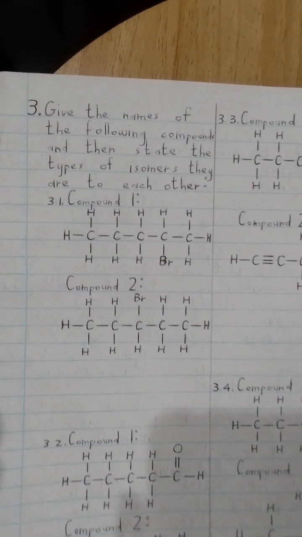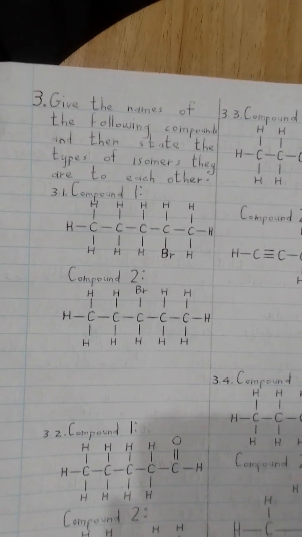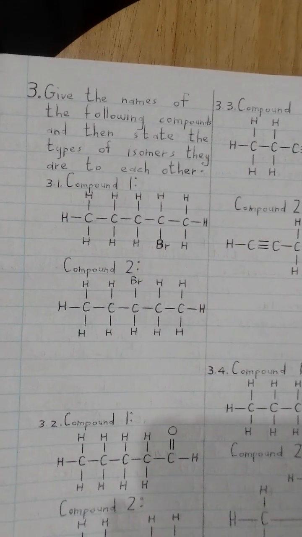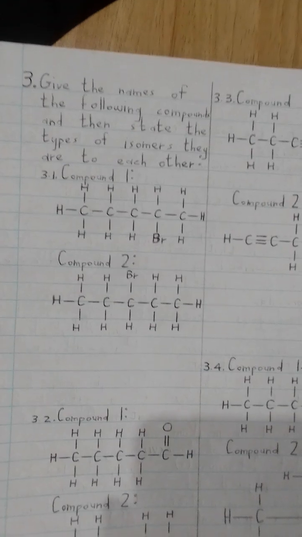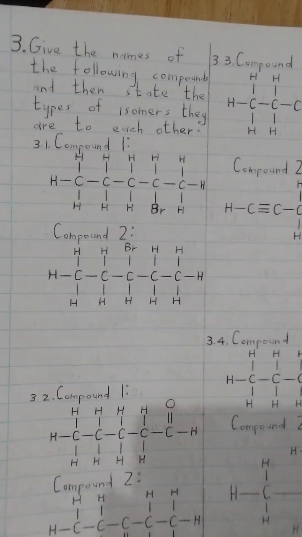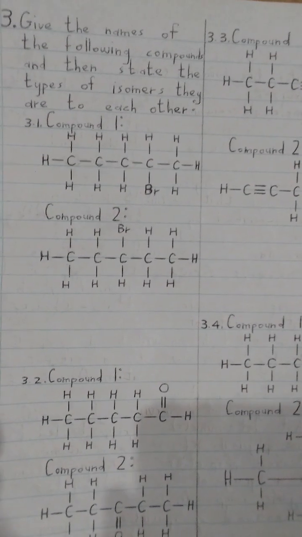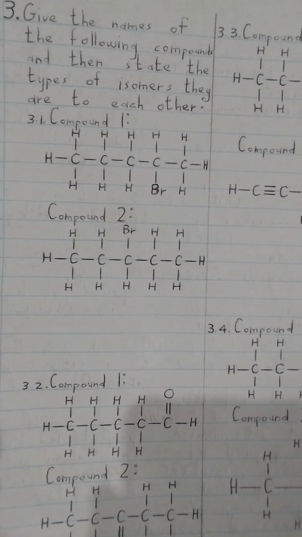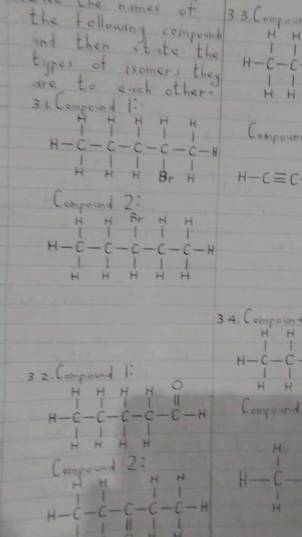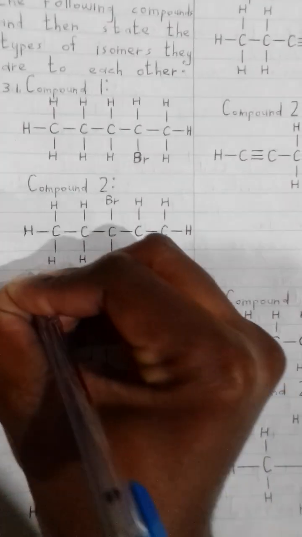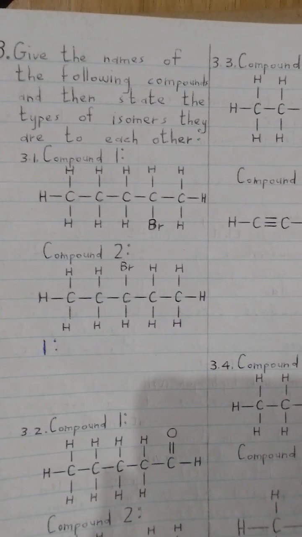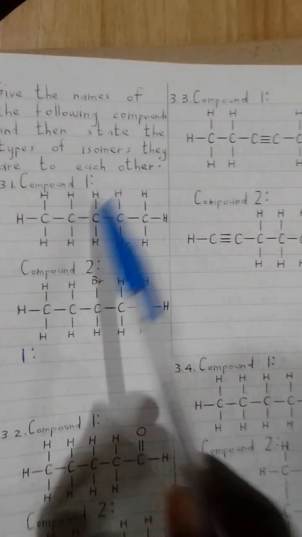Number 3 states, give the names of the following compounds and then state the types of isomers they are to each other. 3.1, you have that compound 1, then compound 2. So let's start with compound 1. As we can see, it's saturated, right? Carbon, carbon, carbon, carbon, carbon.